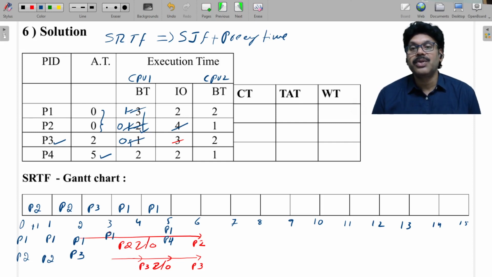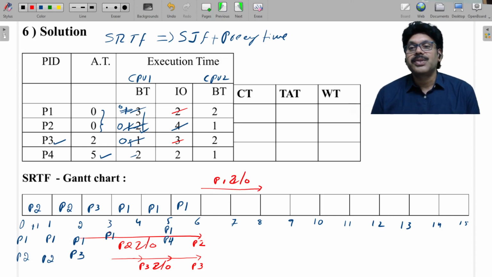So P1 and P4, among which is shorter? This needs 2, this needs only 1. So P1 will be given a chance. It becomes 0. Now P1 will go for IO. How many units? 2 units. This is P1 IO.